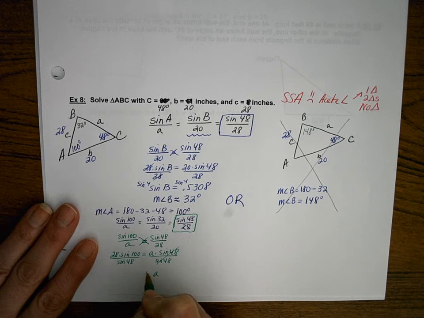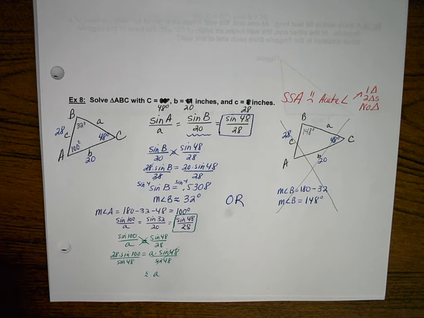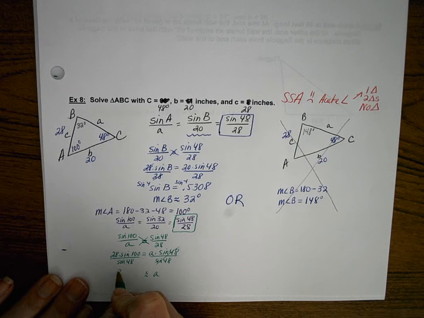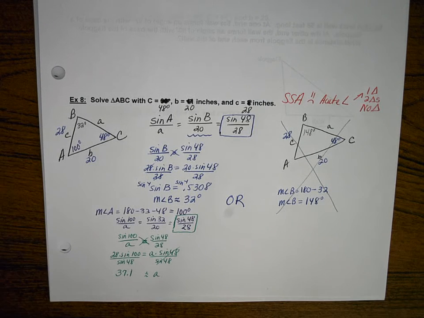So little a is about equal to how much? All right, calculators are running. We're taking 28 times the sine of 100, hitting enter, and then dividing it by the sine of 48. What do we get? About 37.1. Very nice.